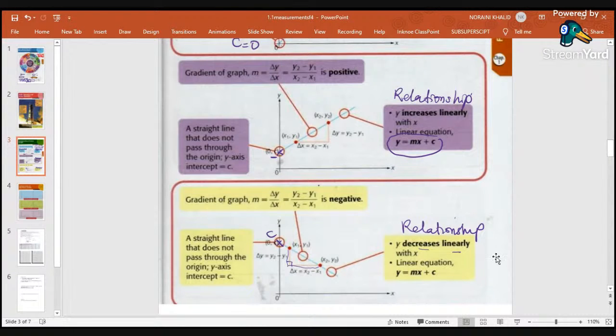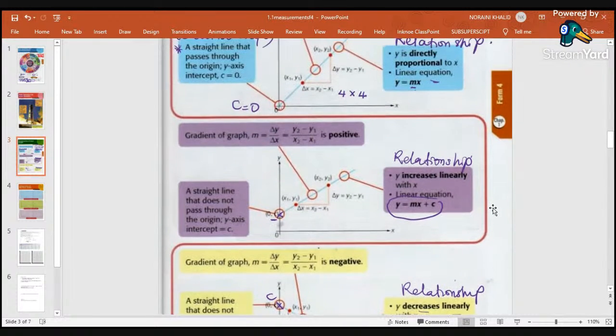So you must state the relationship correctly, based on the graph that you draw. If you get this one, you write down increases linearly. If you get this one, negative gradient, decreases linearly. If it passes through origin, directly proportional.